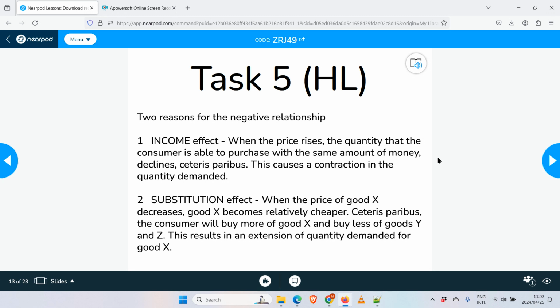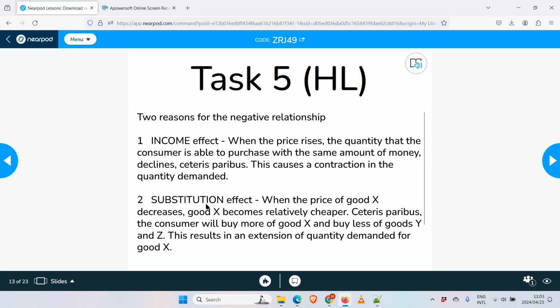If the price of the goods has gone up, they'll be able to spend less on that activity. If prices have gone down, assuming consumers' earnings remain the same, they will be able to spend more.